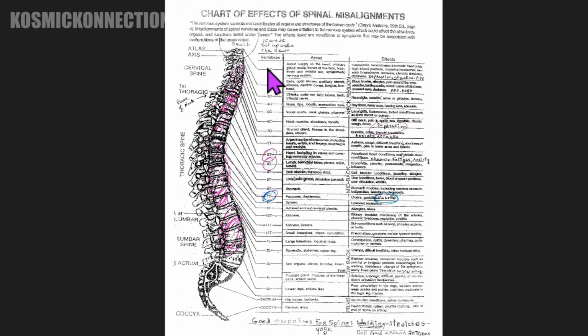Then the next column is the areas that those nerves go to that come off of each one of those vertebrae: your head, your scalp, your eyes, your cheeks, your ears, your face, your nose, your thyroid, your arms, your heart, your lungs, your stomach, pancreas, etc. And then the last column is the effects. And that's the effects that you get if that vertebrae is turned out of place.